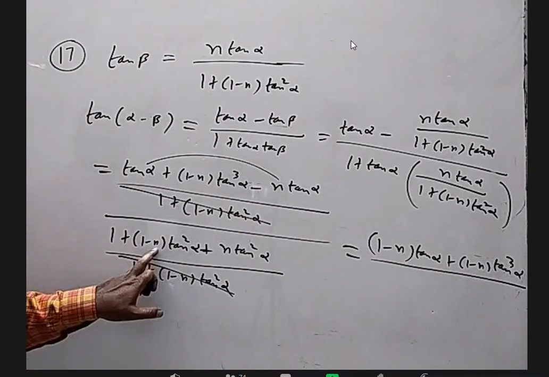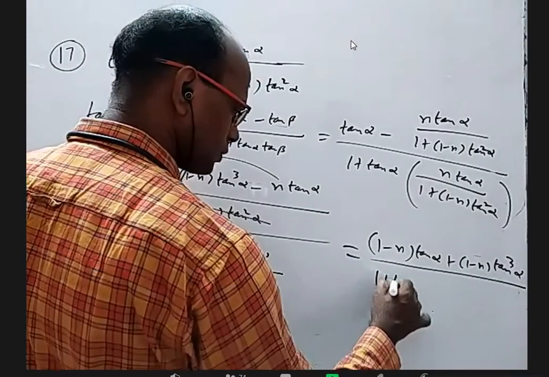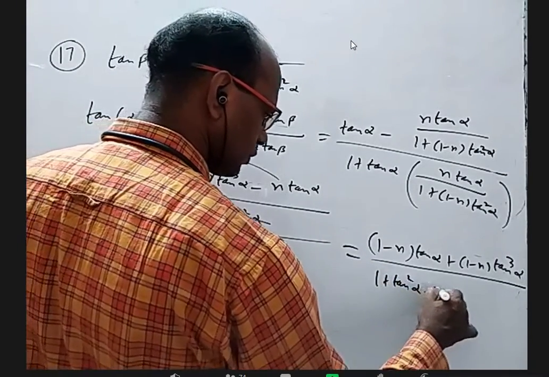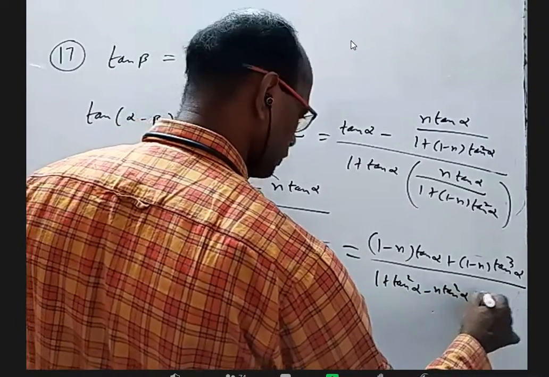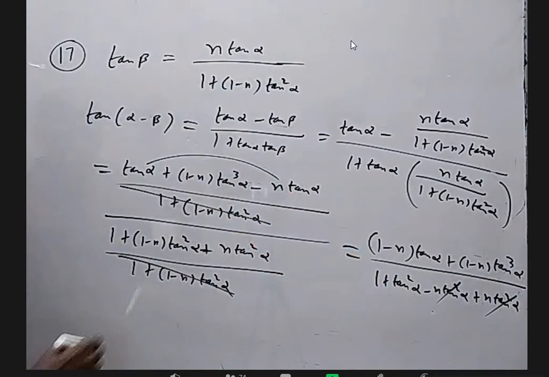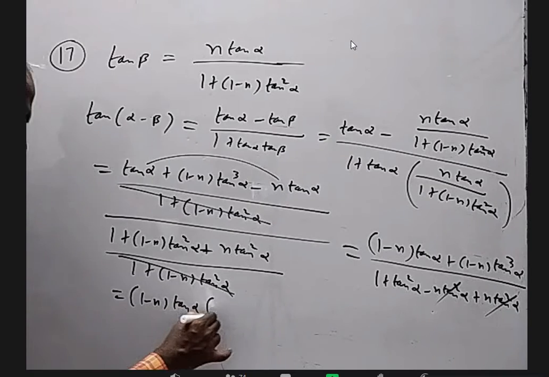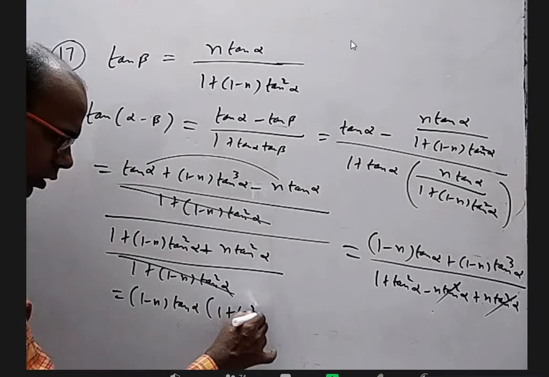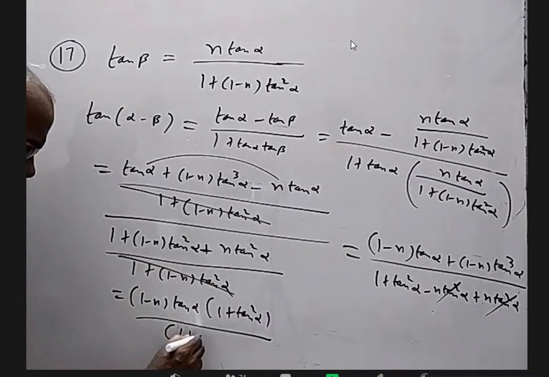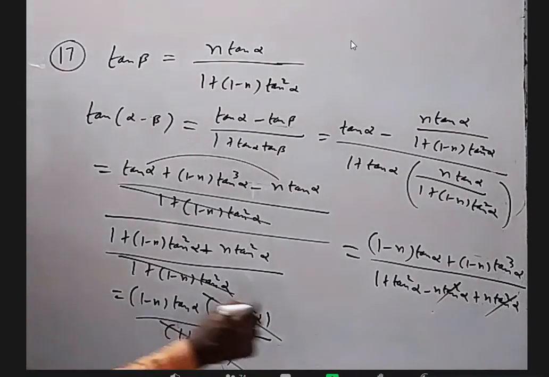Here, if I split it, minus n tan square alpha plus n tan square alpha will cancel. In the numerator, I'll get 1 minus n tan alpha common, and I will get 1 plus tan square alpha down also. Both are the same, I can cancel.